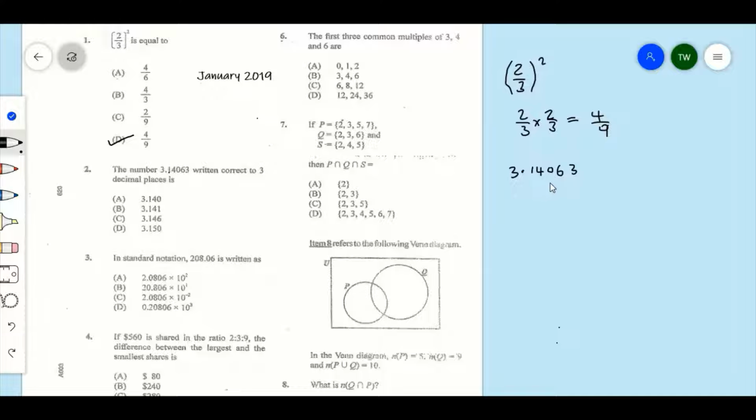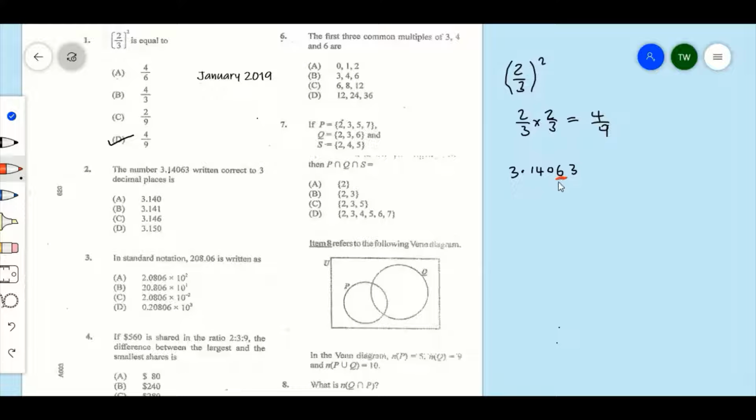Now what you are going to do is look at the digit in the 4th decimal place, and that digit here would be 6. Now if that digit is 5 or more, then you must increase the previous digit by 1. If it is less than 5, then you leave the previous digit as is.